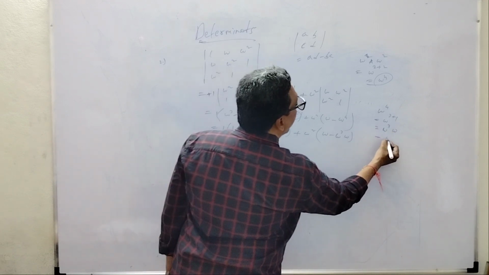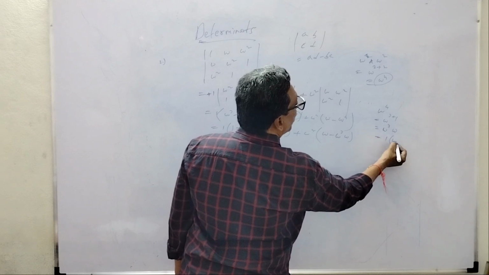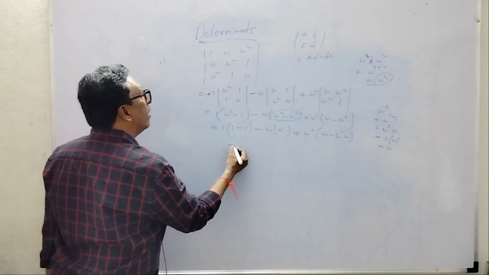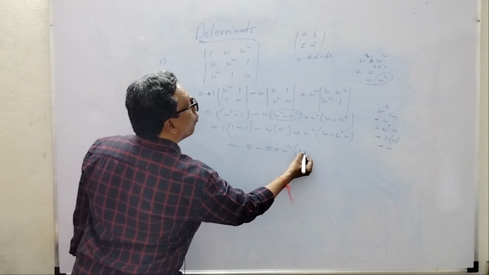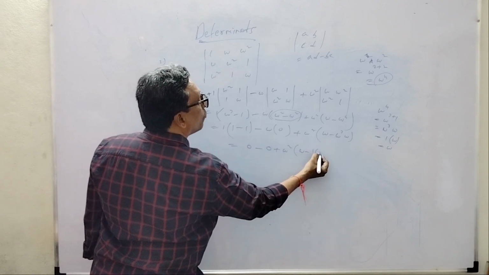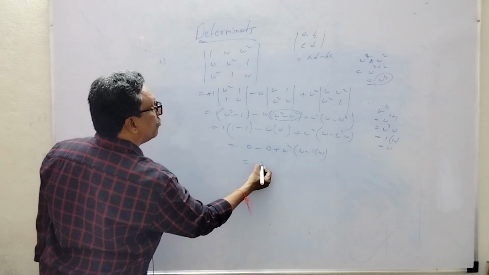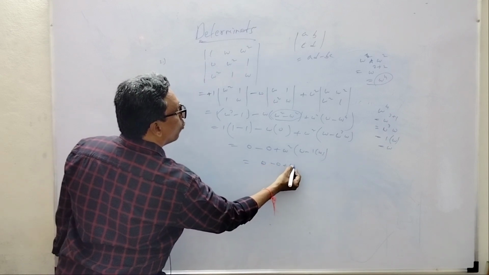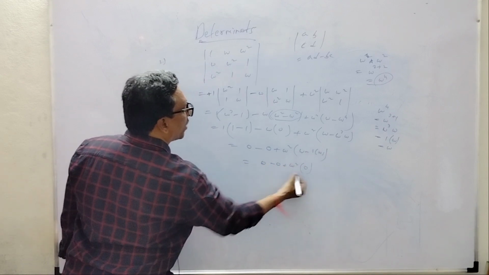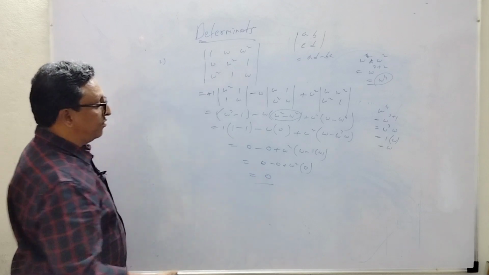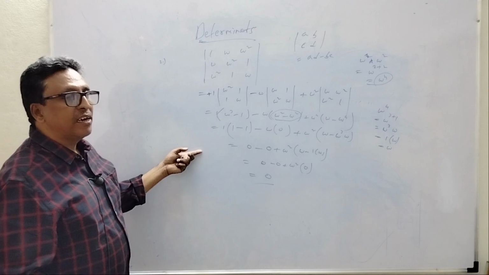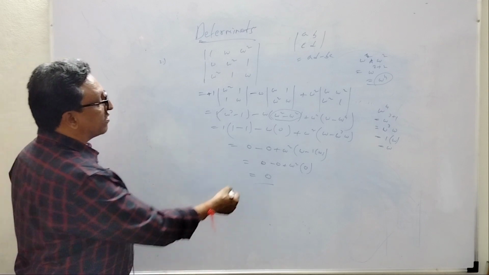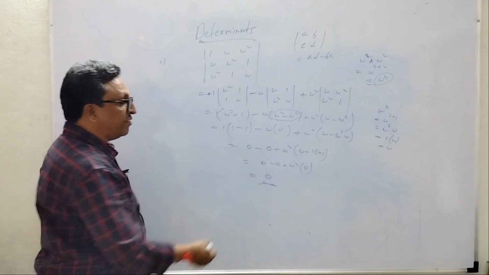We know the value of omega cube is 1, so 1 into omega is omega. So 0 minus 0, and omega square into omega minus omega cube, which is 1 into omega, gives omega minus omega, which is 0. So the value is 0. So we can use the operations, or we can expand the determinant directly. Whatever the method, the result is the same. The answer is 0.